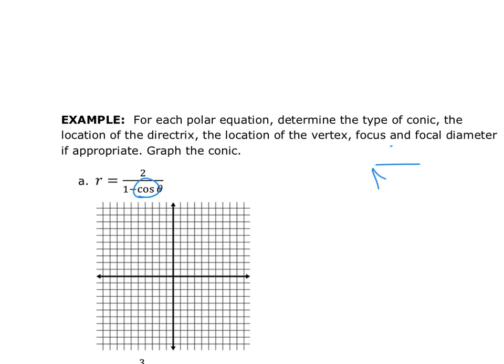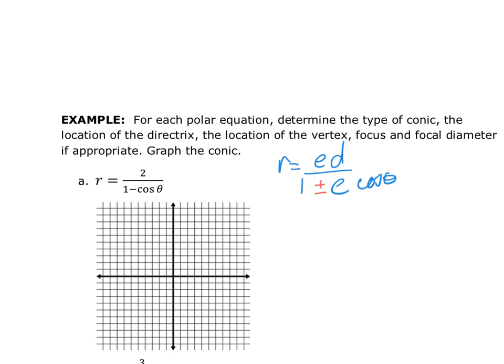Now, I have those relationships. I'm going to go back up to the relationships and determine what I have. So the equation that I had was r is equal to ed over 1 plus or minus e cosine theta.